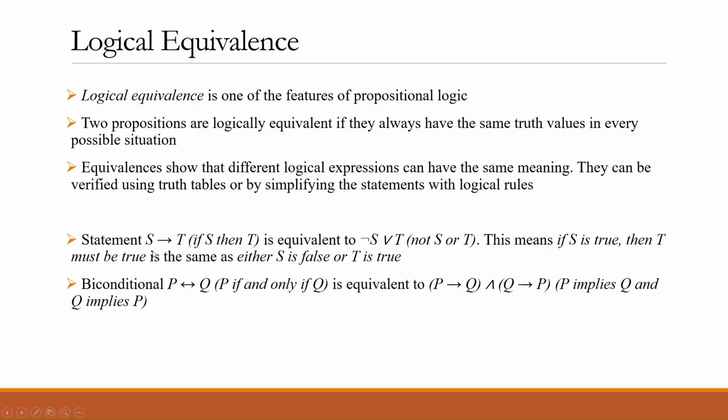The statement S implies T, if S then T, is equivalent to not S or T. This means if S is true, then T must be true, which is the same as either S is false or T is true. Biconditional P Q, P if and only if Q, is equivalent to P implies Q and Q implies P. So these are some equivalences that we can use when we want to find the truth value for an expression.